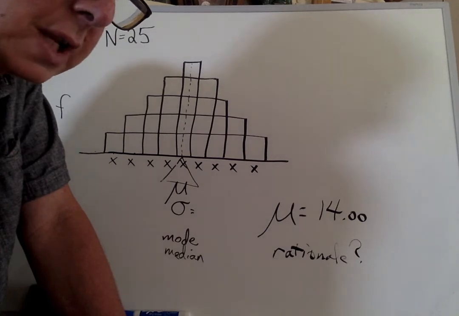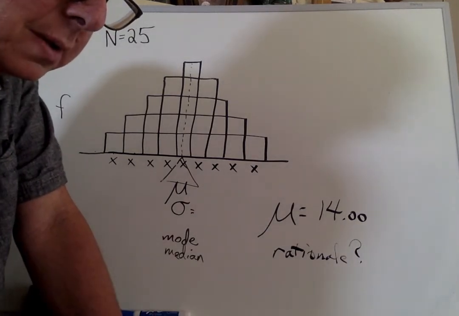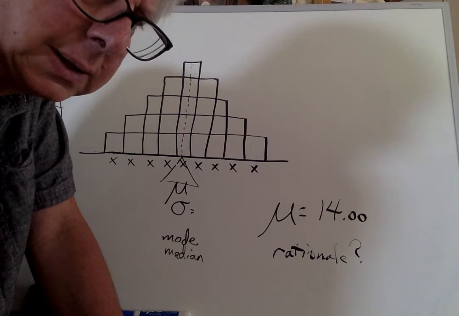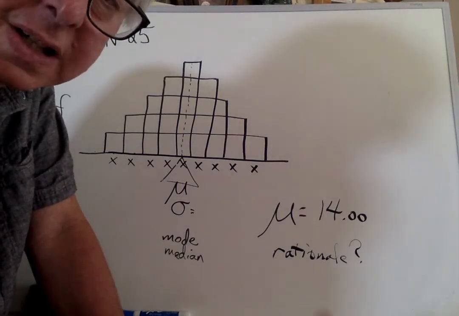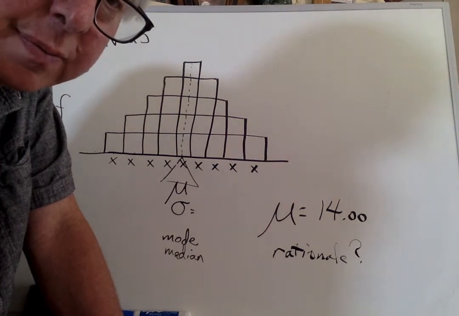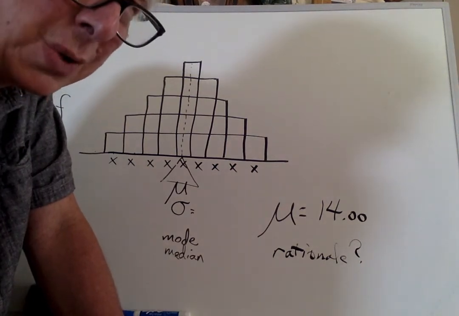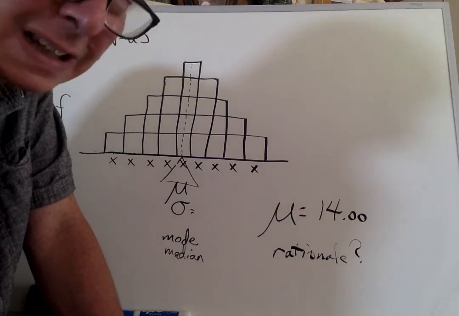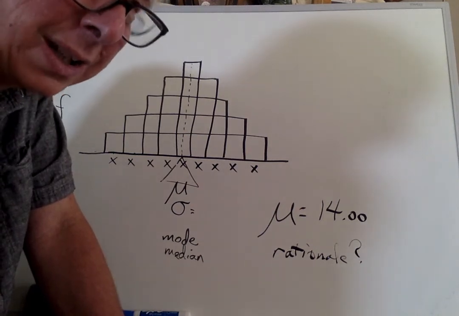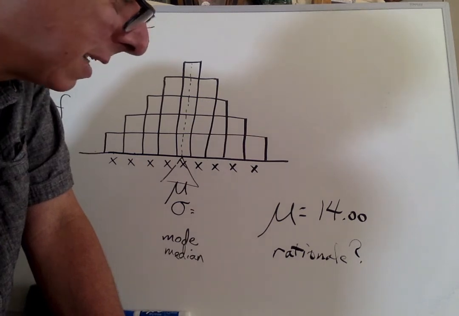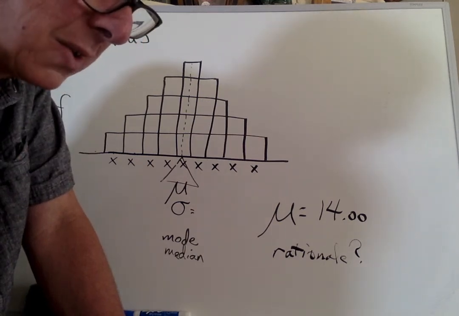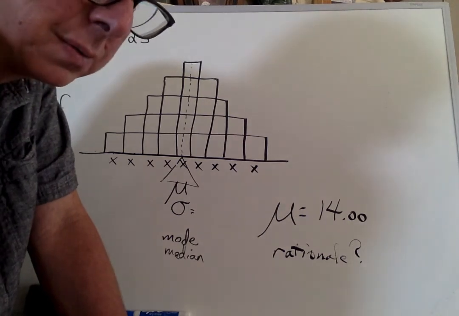We pulled out a 14, so that's going to be my guess. In fact, let me ask you this question. Is that convincing rationale for you? I hope that you would say, not really. It's not really convincing for me to say 14 is the mean just because that's what we picked out. All right?